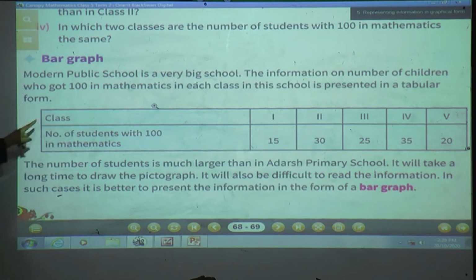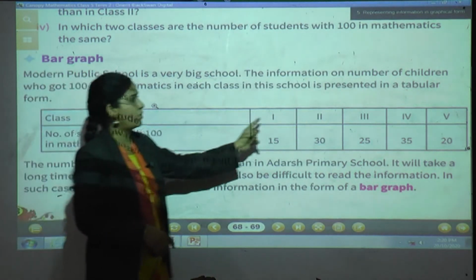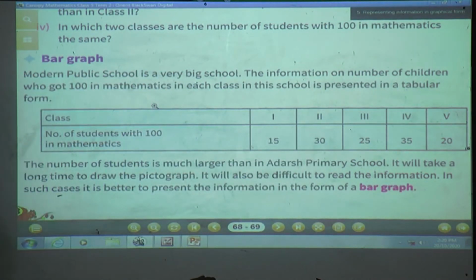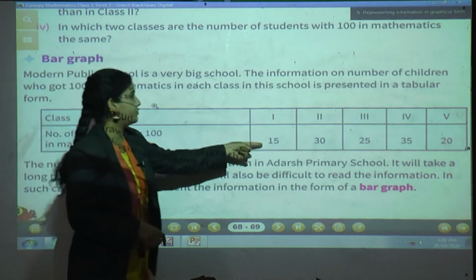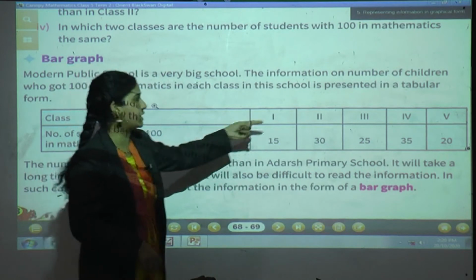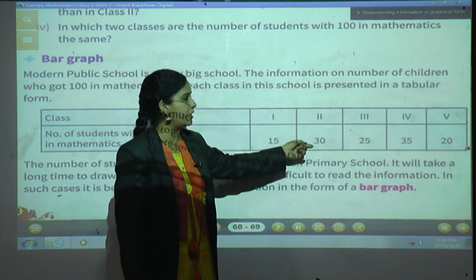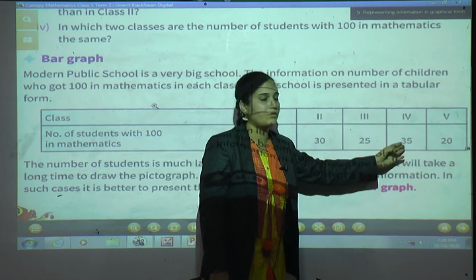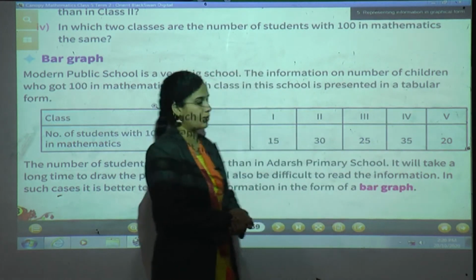Okay, see here class 1, 2, 3, 4, 5 and here the number of students with 100 in mathematics. In class 1, 15 students got 100 marks, in class 2, 30 students, in class 3, 25, in class 4, 35 and in class 5, 20 students.